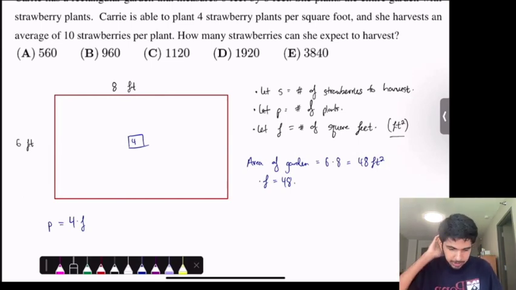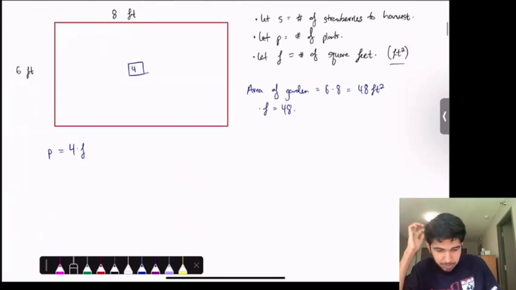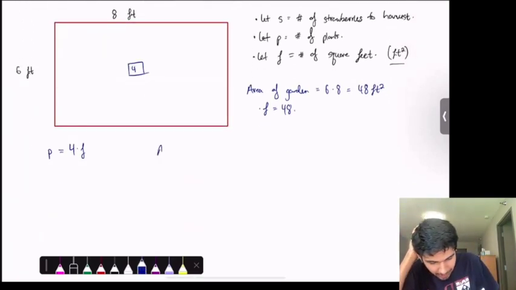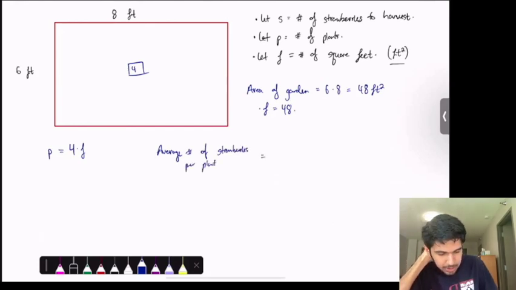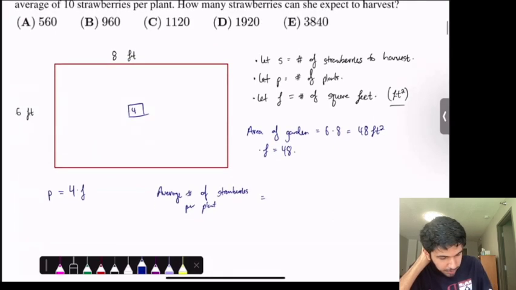It's just on average. So what does average mean? The average number of strawberries per plant would be equal to the total number of strawberries divided by the total number of plants.